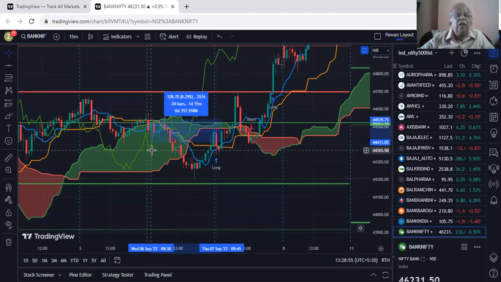Thereafter, you just see when the Chikou span is coming above the price, because the crossover has already been seen here.